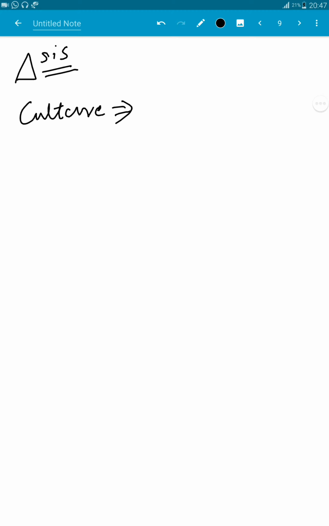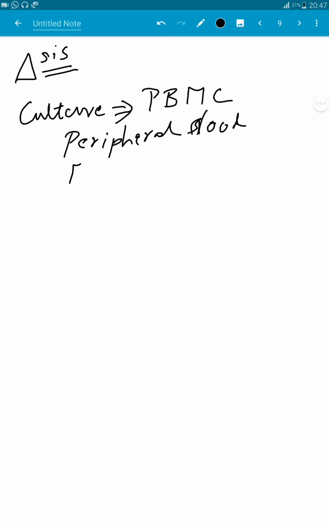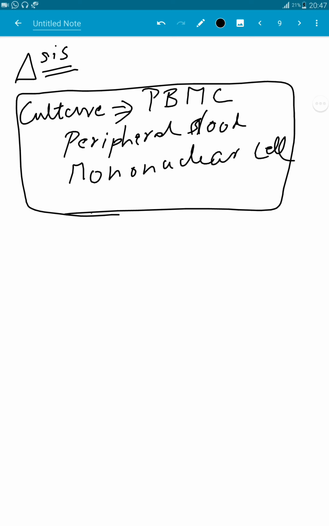Culture is PBMC, peripheral blood mononuclear cell culture. It takes 28 days to grow the virus, so mostly we don't use culture. It is under trial for developing a vaccine also.